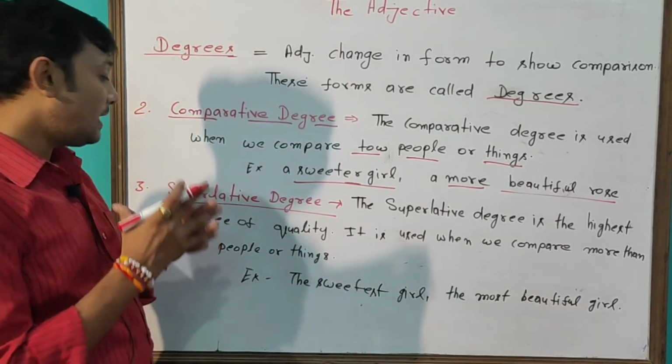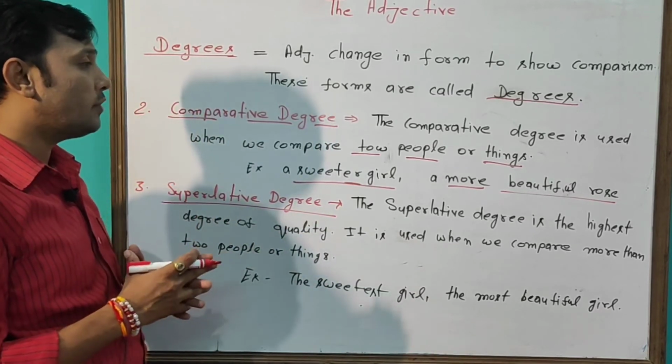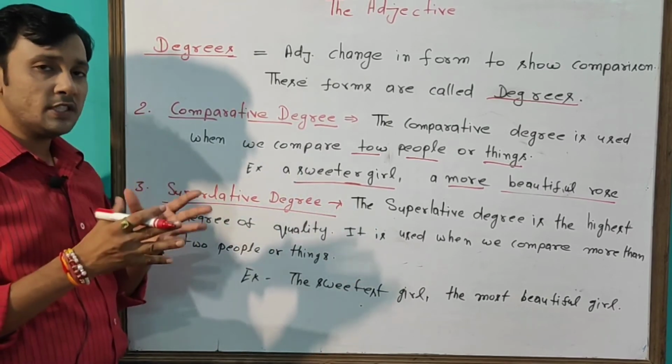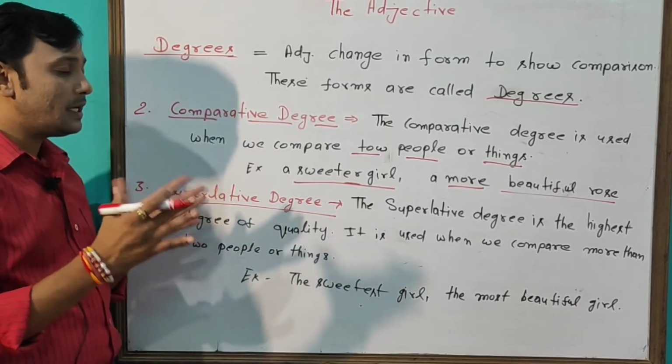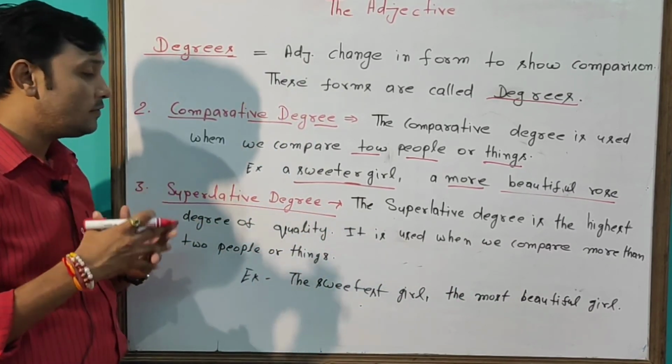Next is the superlative degree. The superlative degree is the highest degree of quality. Of all three forms of degrees, the superlative is the highest quality. The positive degree is the lowest quality, the comparative degree is the comparison between two things, and the superlative is the highest.